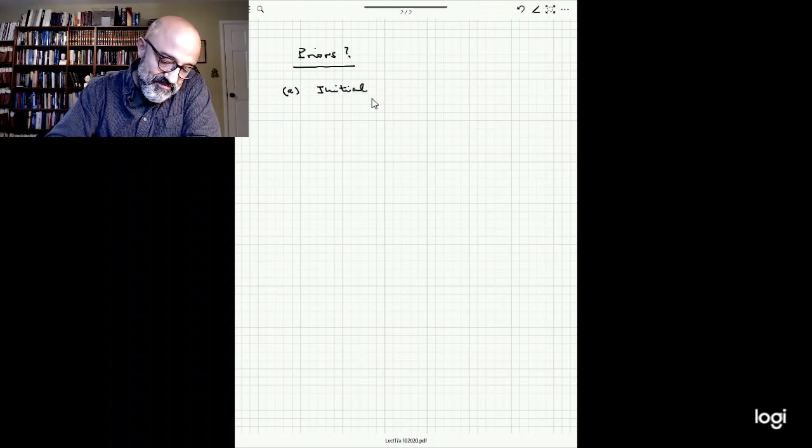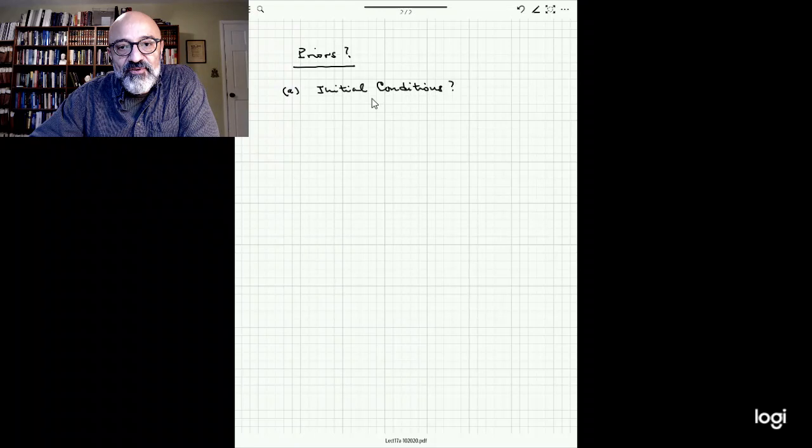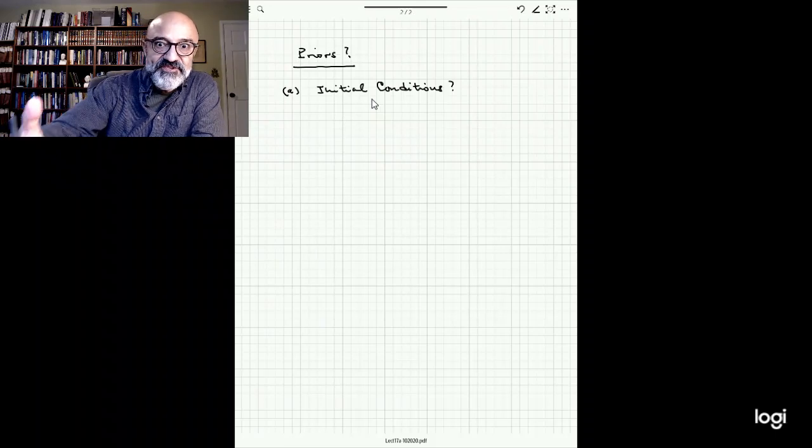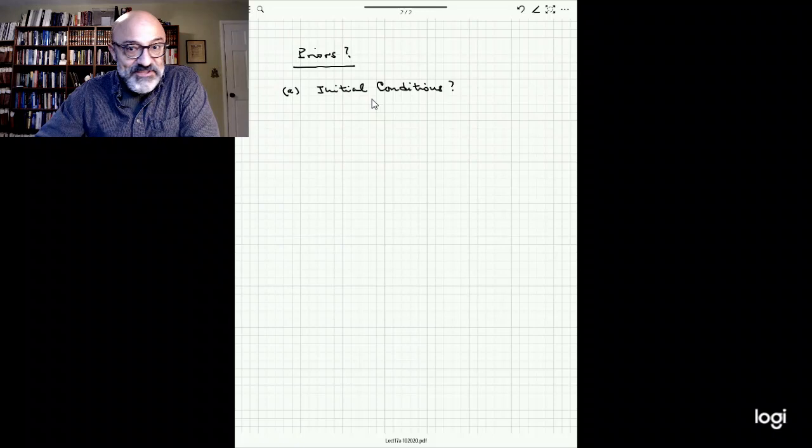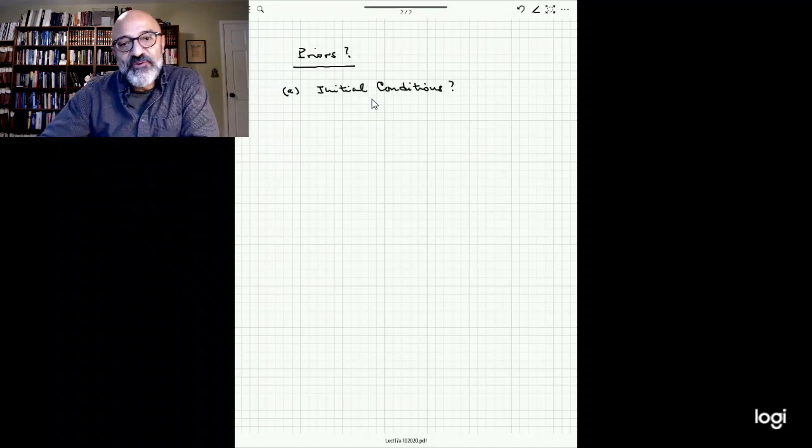Do you have a theory for when you're going to solve equations of evolution in physics? Do you have a theory for picking what the initial condition is? And the answer is no. What the laws of nature or the laws of physics are all about is how you change from one state to another.